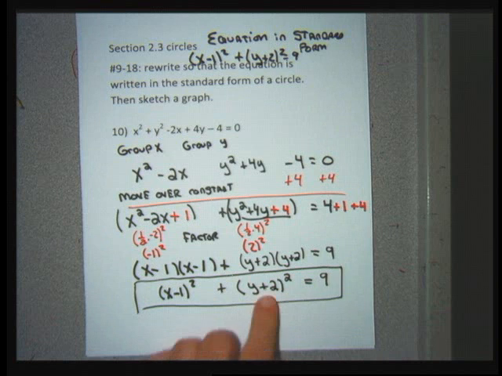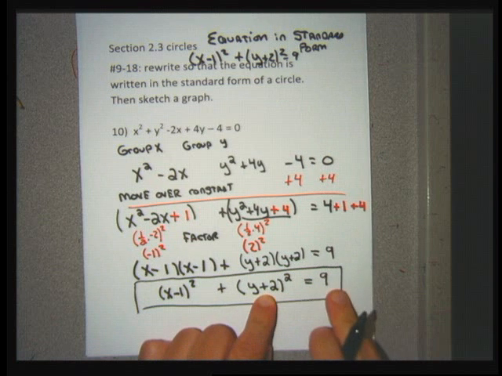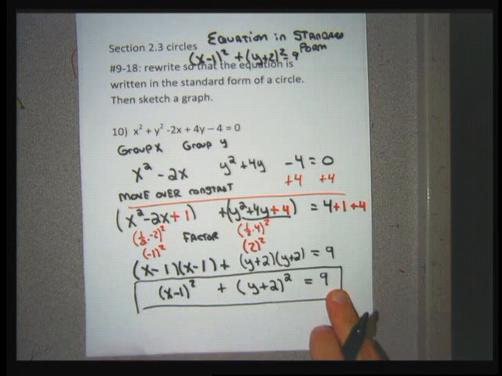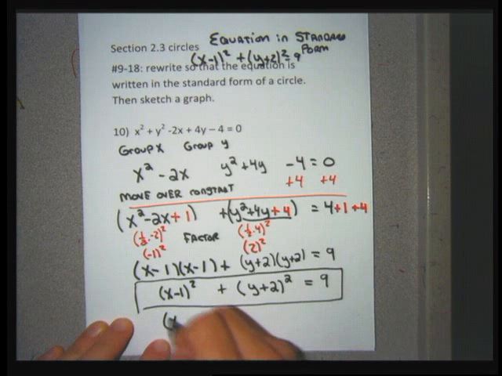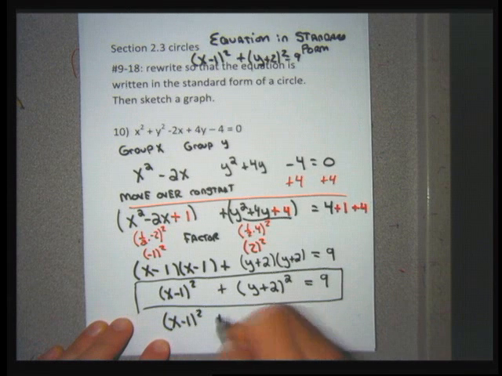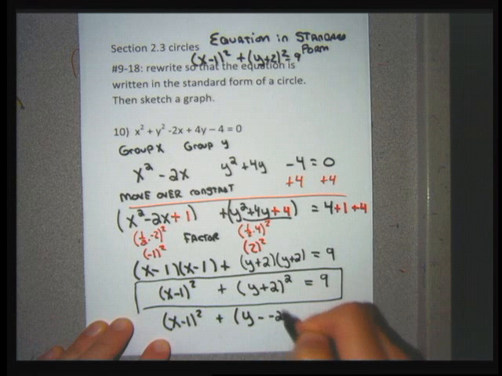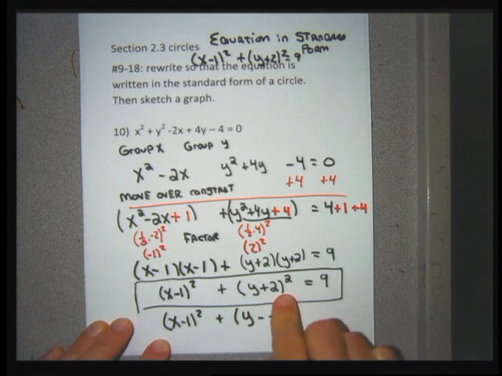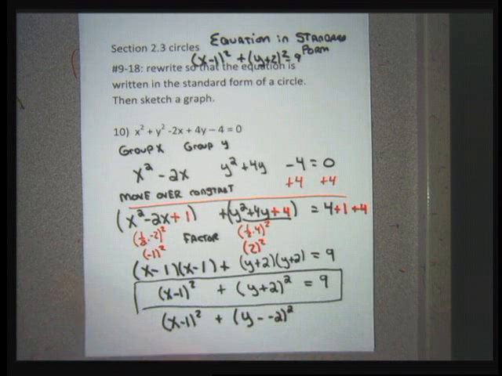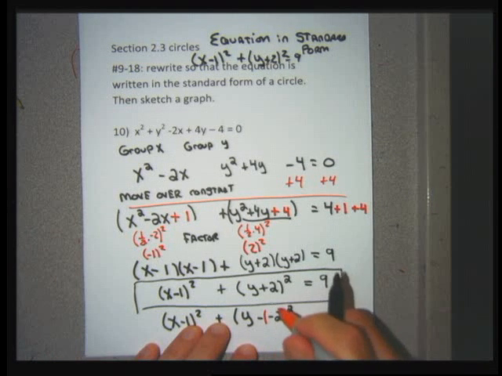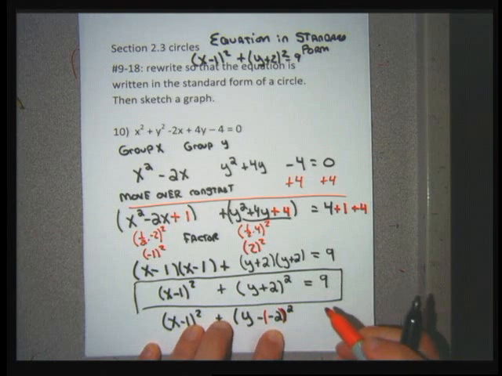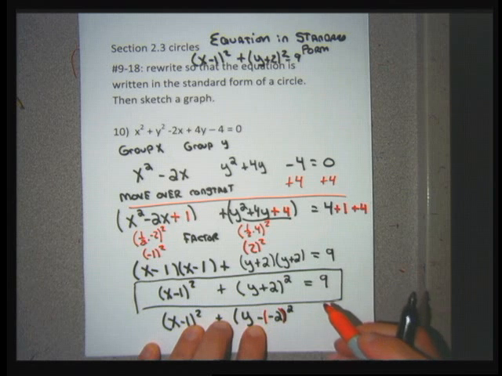Standard form does have a minus in each parenthesis, and it does have a square to the right of the equal sign. If you wanted to, you can take the y parentheses and introduce a double negative, because a double negative is going to be the same as a positive. So instead of writing y plus 2 squared, you can write y minus negative 2 squared. Now it's going to be in standard form on the left-hand side because I have the minus in the parentheses.